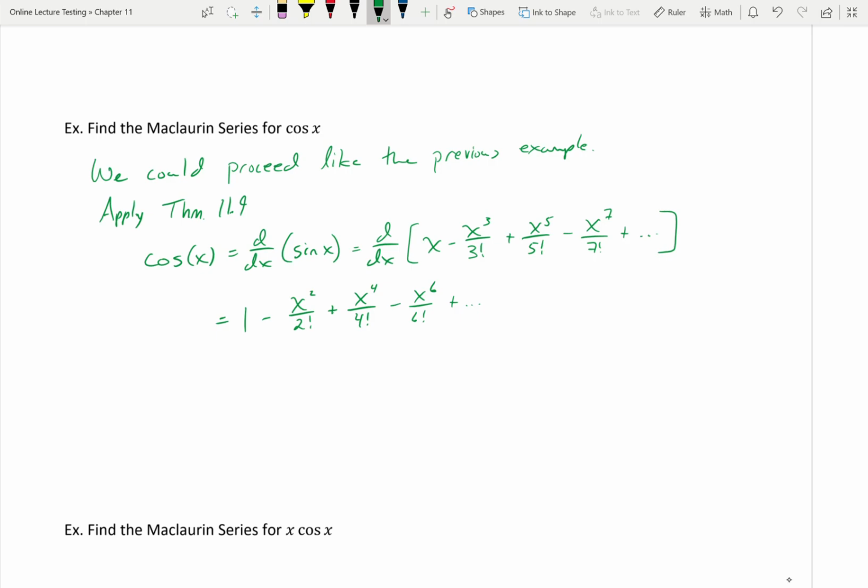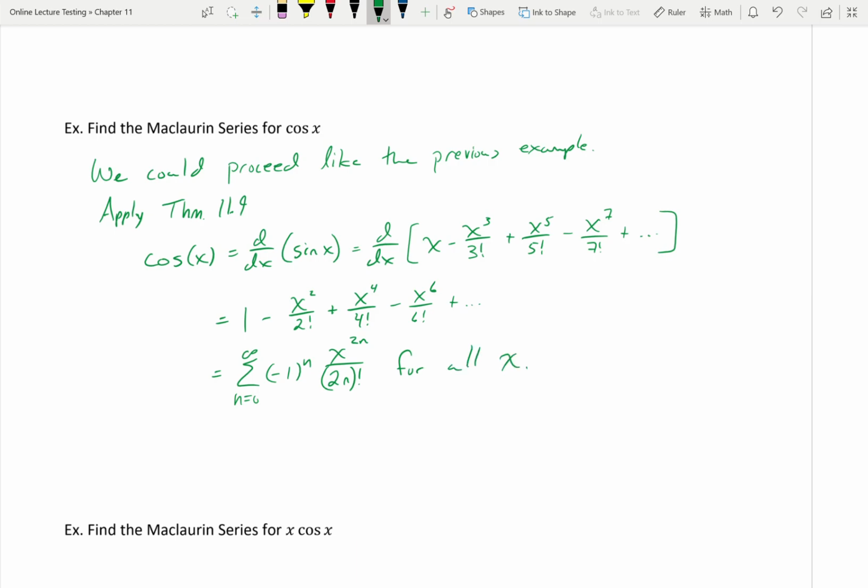Which means we can rewrite this as the sum as n goes from 0 to infinity of (-1)^n x^(2n) over (2n) factorial. This is true for all x.